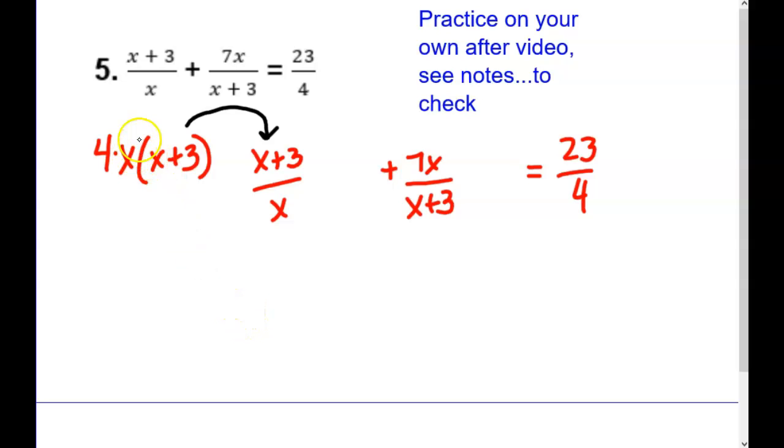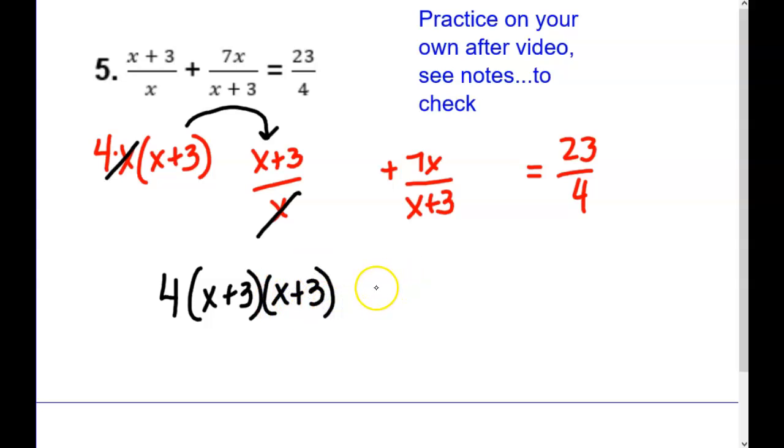Only the x divides out. So we have a 4 and an x plus 3 times an x plus 3. Here we'd have a 7x times a 4x.